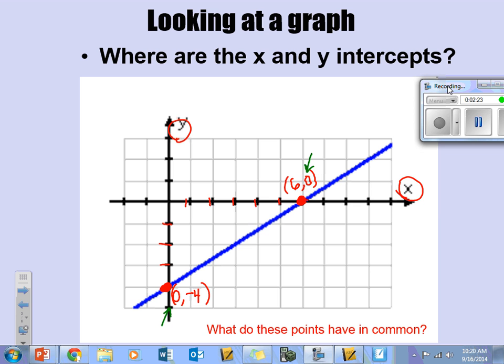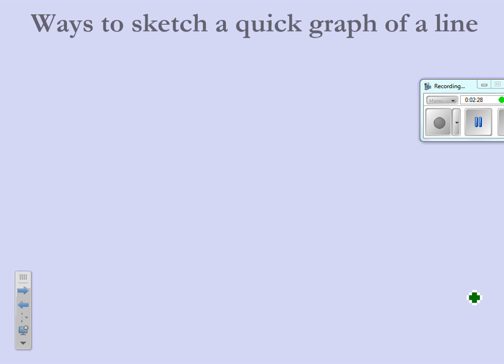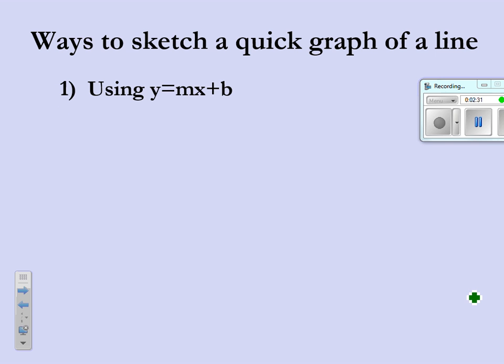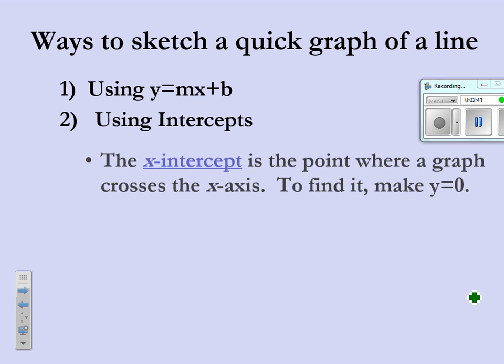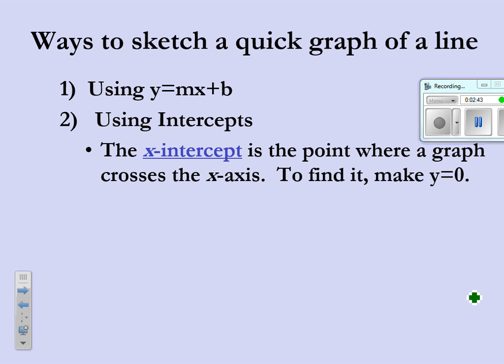So, quick ways to graph a line would include using y equals mx plus b, which we have talked about. But today, another quick way to graph a line is by using those intercepts. If we know what the x-intercept is and the y-intercept, then we can graph a quick graph.